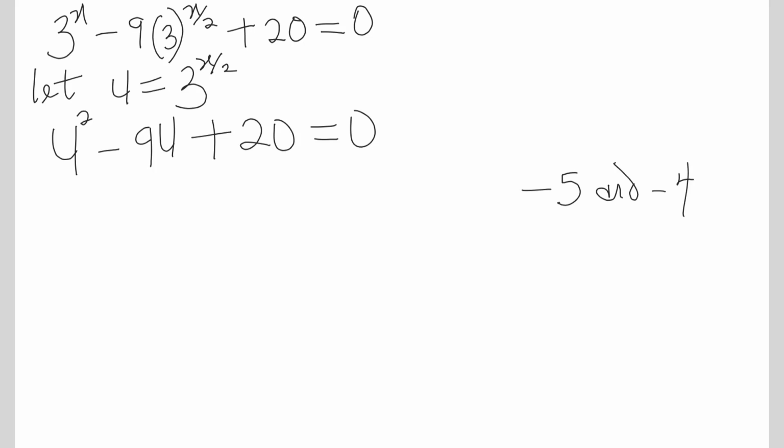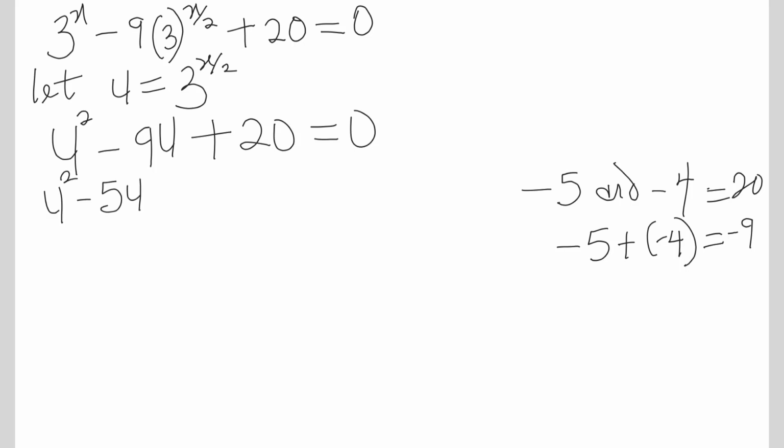Because minus 5 times minus 4 definitely gives me plus 20, and minus 5 plus minus 4 will definitely give me minus 9. That's what we're going to be doing. So we have u squared minus 5u, then minus 4u, then plus 20 equal to 0.